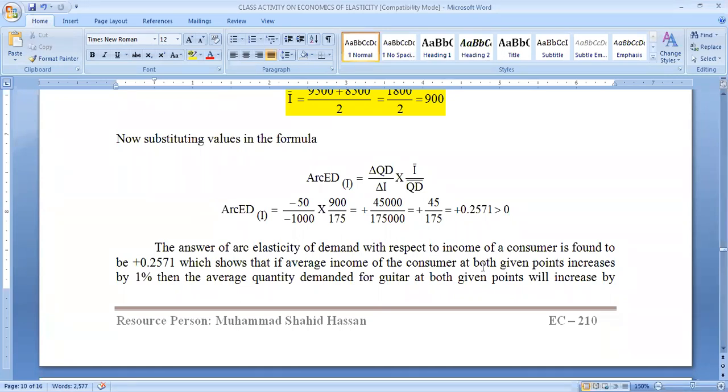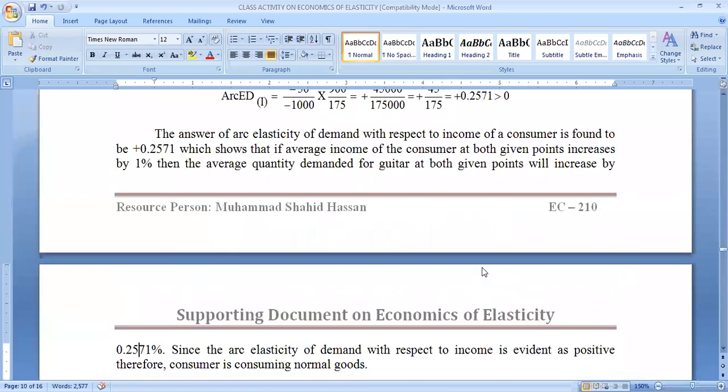I'll be explaining what it means when it is greater than 0. The answer of arc elasticity of demand with respect to income of a consumer is found to be plus 0.2571, which shows that if average income of the consumer at both given points increases by 1%, then average quantity demanded for guitar at both given points will increase by 0.2571%.